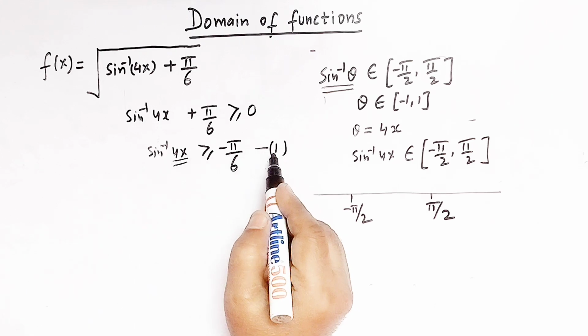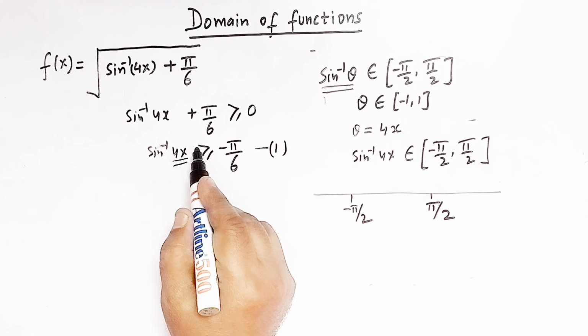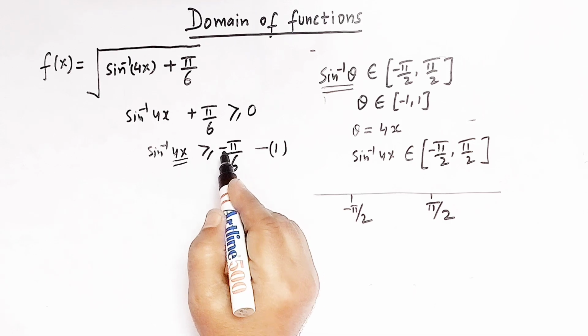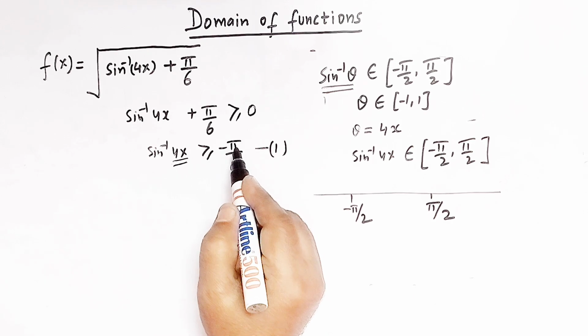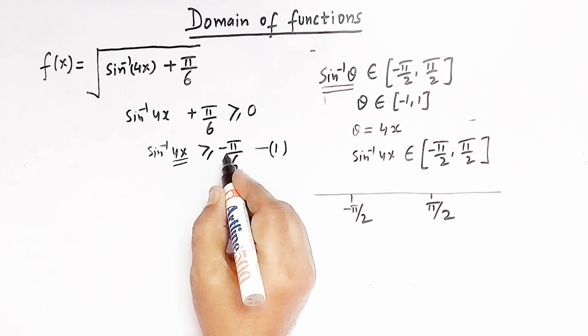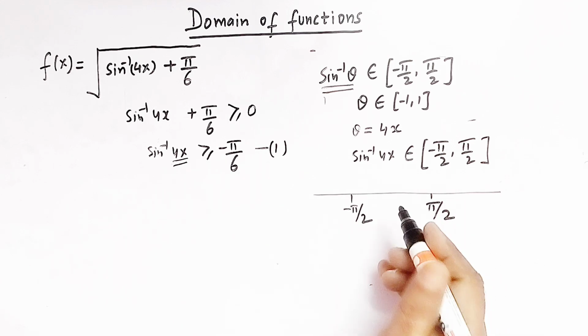Now see, from this inequality, sine inverse 4x should be greater than or equal to minus pi by 6, right? It is an important point to note that minus pi by 6 lies between minus pi by 2 and pi by 2.